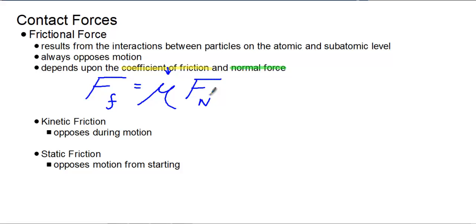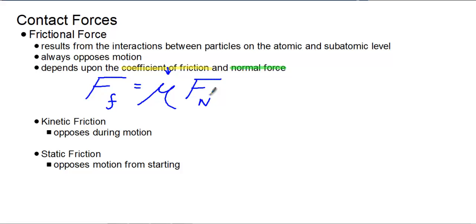So mu is a value that is unique between two different surfaces. Generally it's less than 1, but it does not have to be less than 1. And that is something that we could see between those two different objects. Okay? The higher the mu, the higher the friction, the higher the normal force, the higher the friction. So you have a heavier object, sometimes it's harder to move it because the normal force between it and the surface beneath it is greater.